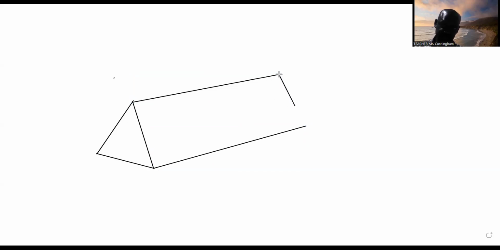A prism is a solid in which the same shape at the start can be found at the back.